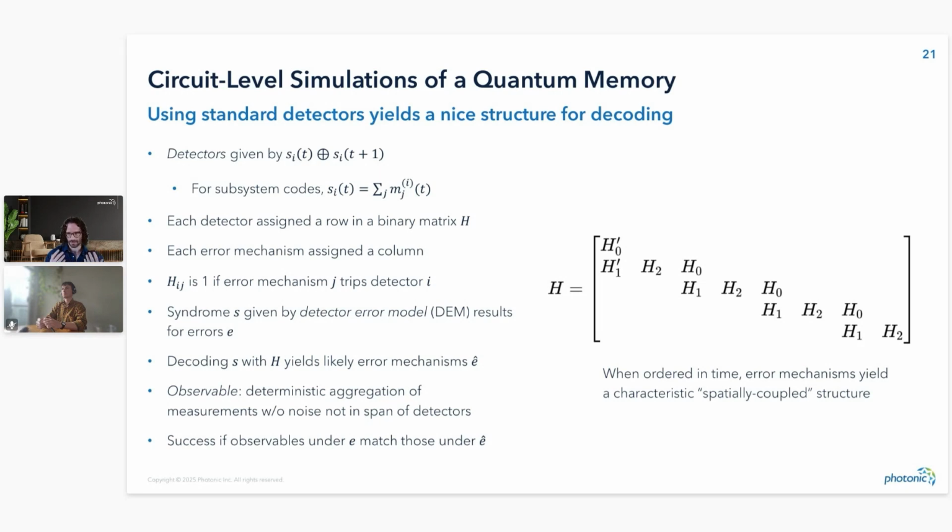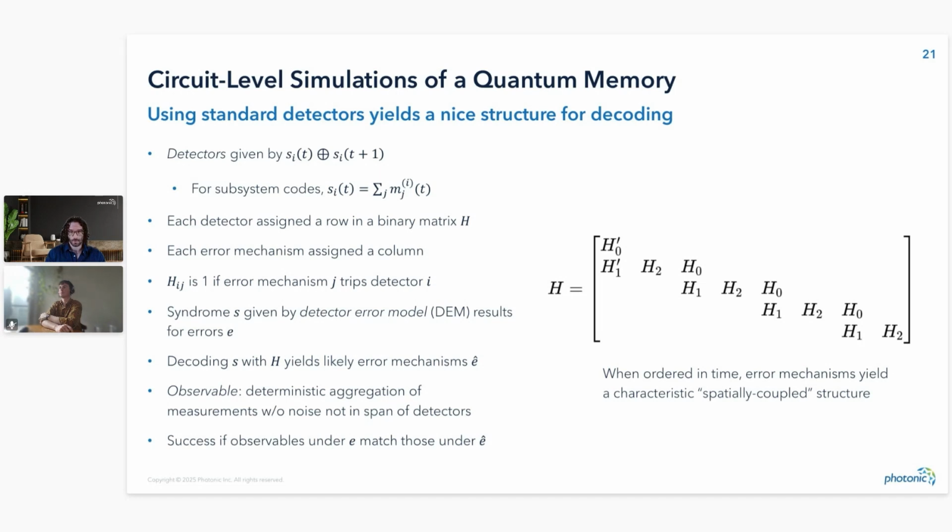And you will have, obviously, a gargantuan amount of error mechanisms in a circuit, because you'll have an error mechanism for a Pauli X error happening at one point and a Pauli Y error happening at that same point, and so on and so forth. Roughly speaking, the number of columns in this matrix scales like the volume of your circuit, essentially. And you put a 1 in the ijth entry of this giant matrix if the error mechanism in column j trips the detector corresponding to row i.